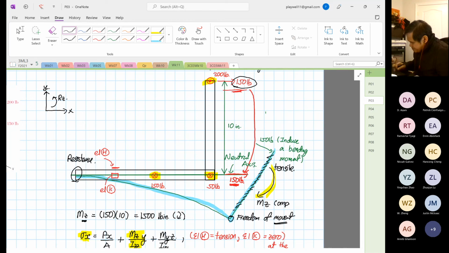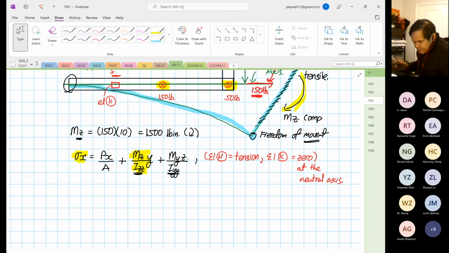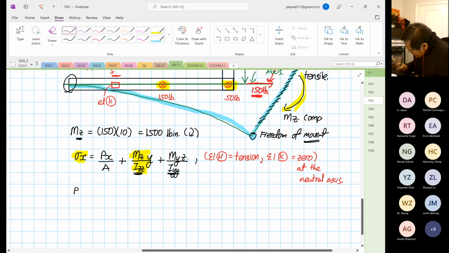From here, we know that we're going to have a Px, and Px is equal to 150 pounds. It will contribute stress in the x direction, which is going to be 150 divided by your area.